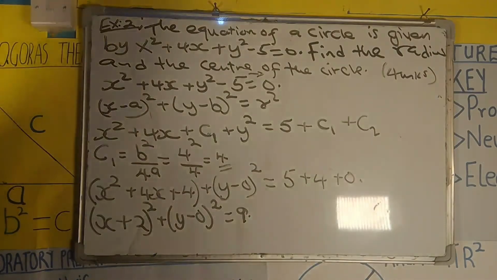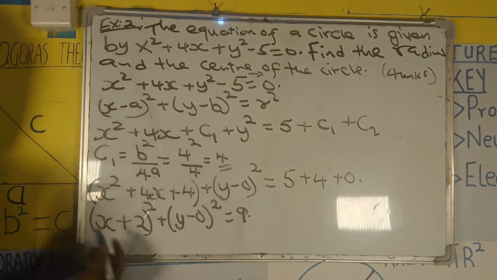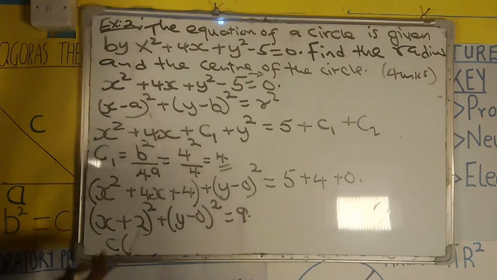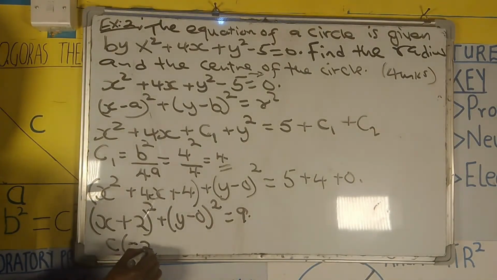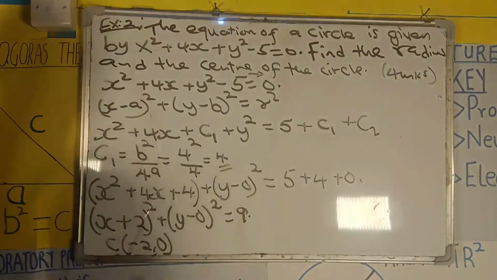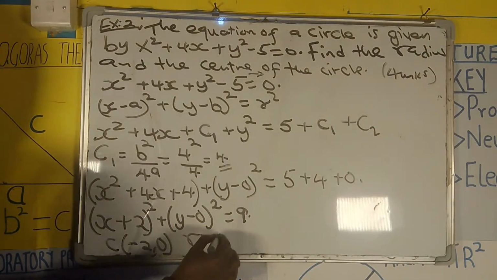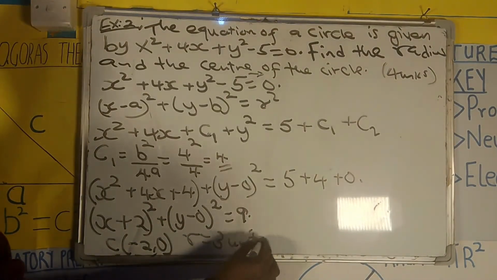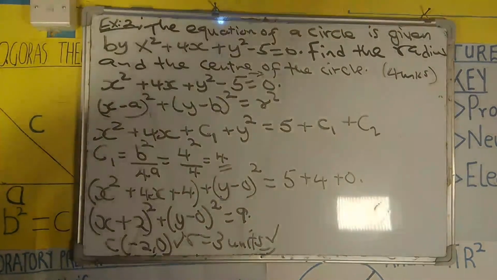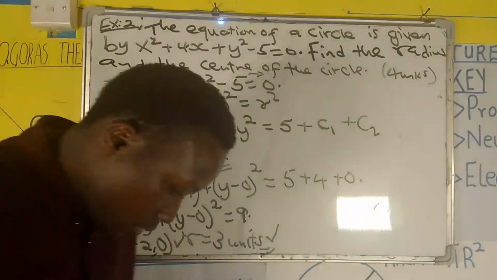So at this point, find the center. What will your center be? Just by looking, this means it was minus 2 and 0 is just 0. Then r squared is 9. So what is our r? 3 units. So our r is 3 units and our c is negative 2, 0.